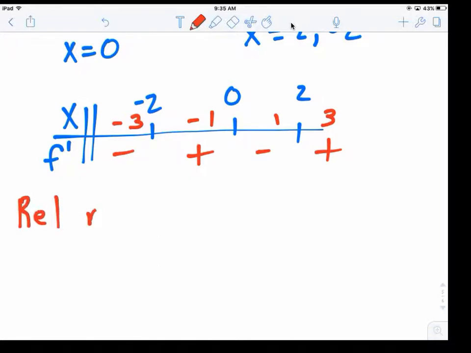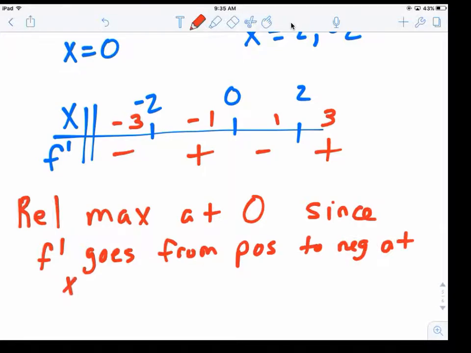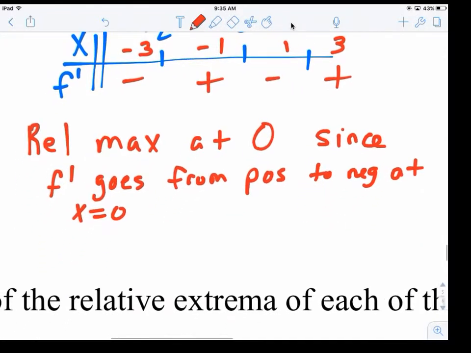All right, so you have a relative max at where? At 0. Since f prime goes from positive to negative at x equals 0. Right?